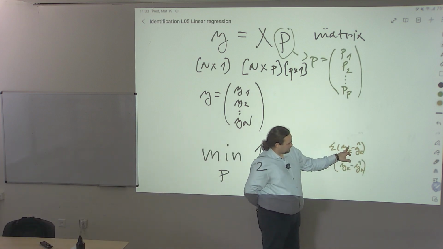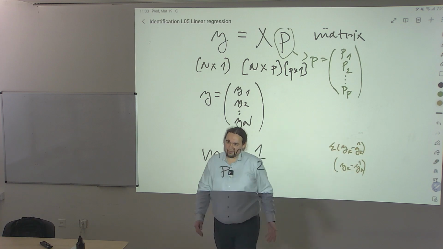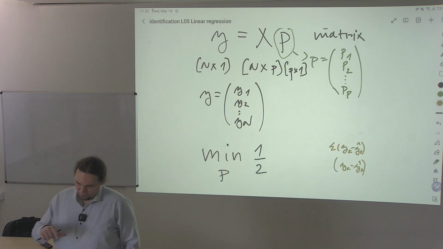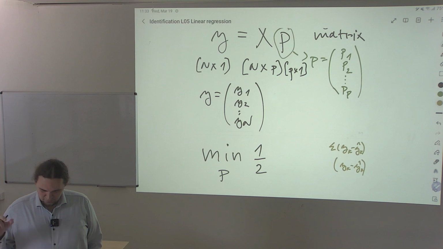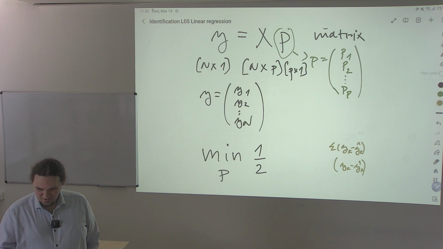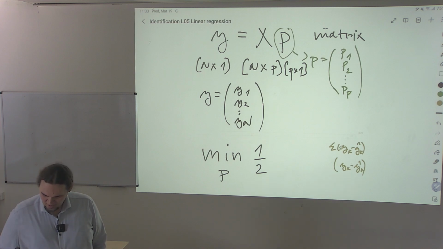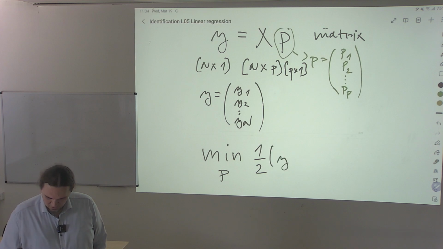We have one vector, we have a second vector, one multiplier, second multiplier. What if I write just this, y minus y hat transpose y minus y hat?